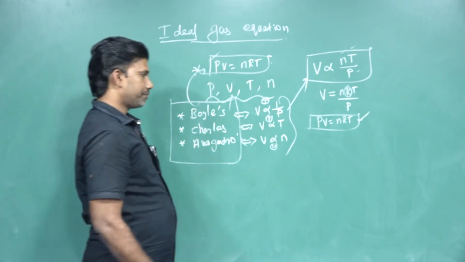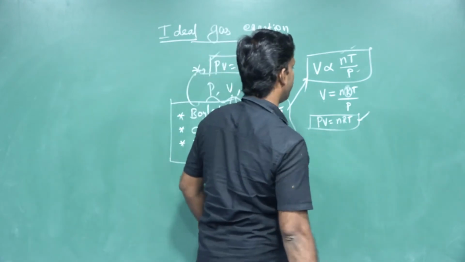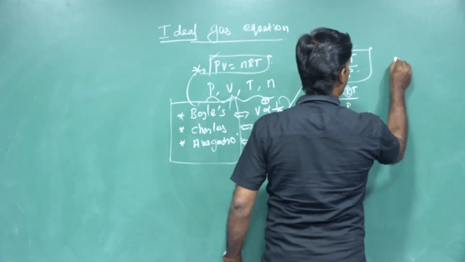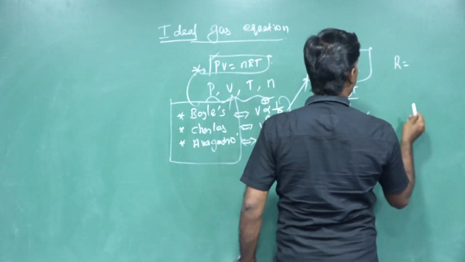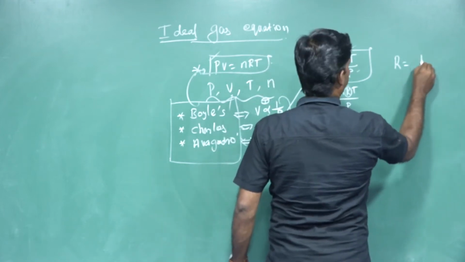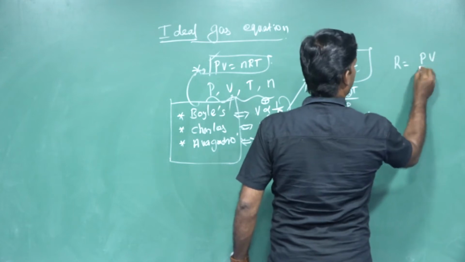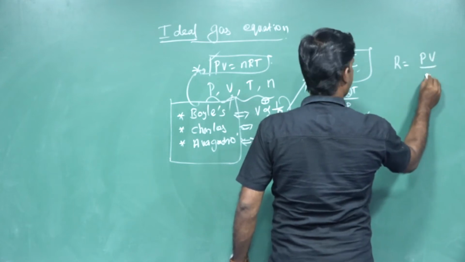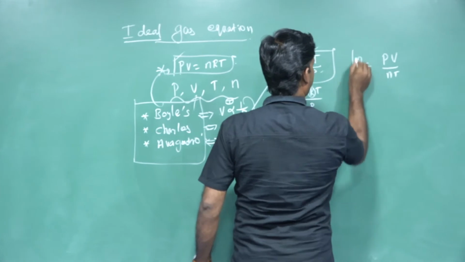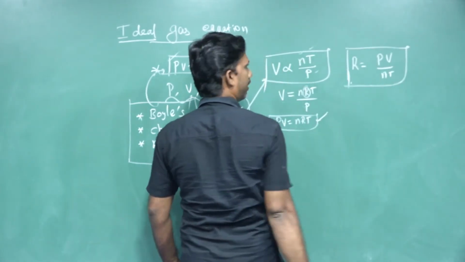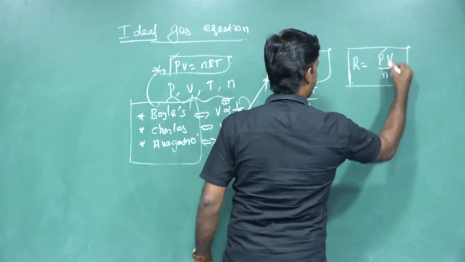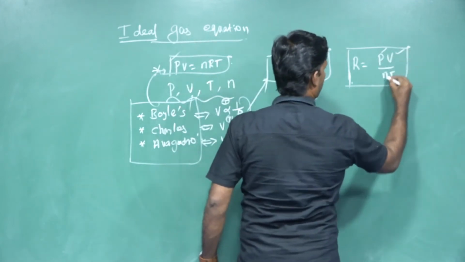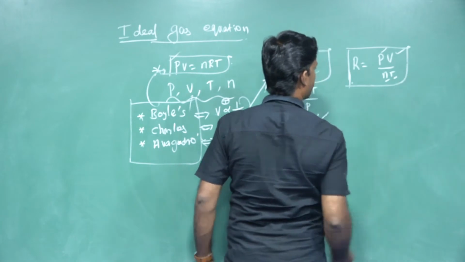Then from this we can derive the R value. R is the universal gas constant; by using the formula PV equal to nRT, R equals PV by nT. You know very well the atmospheric pressure, volume, number of moles and temperature.